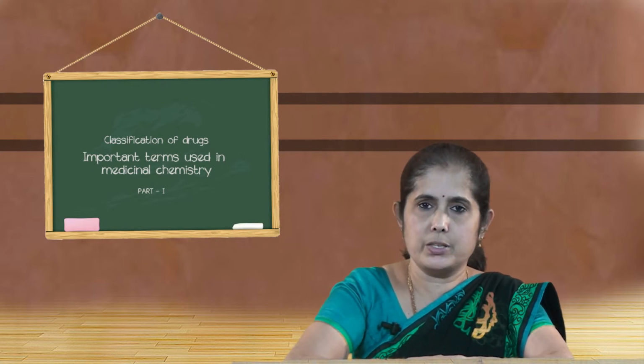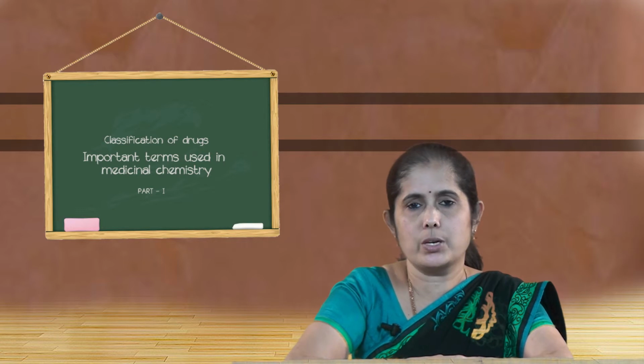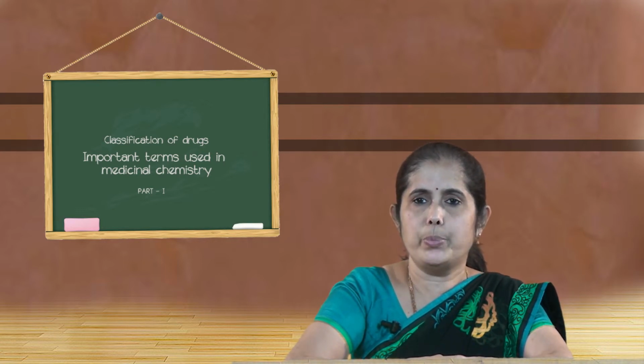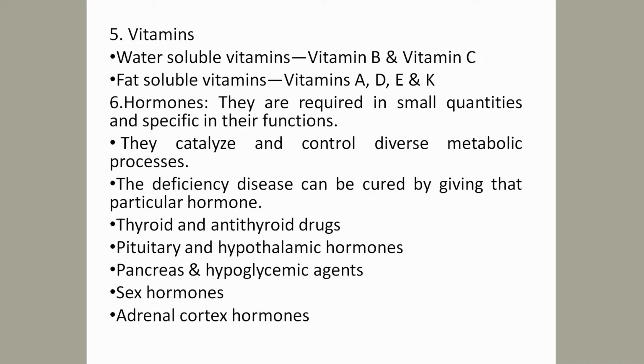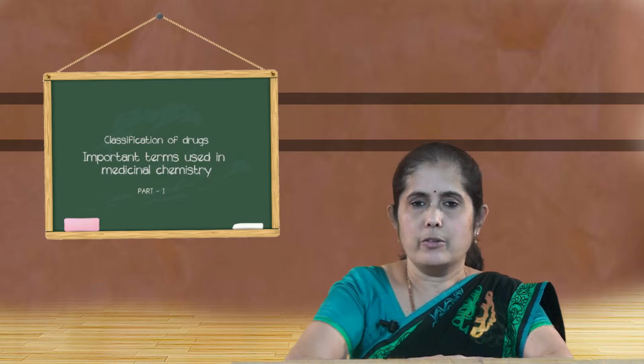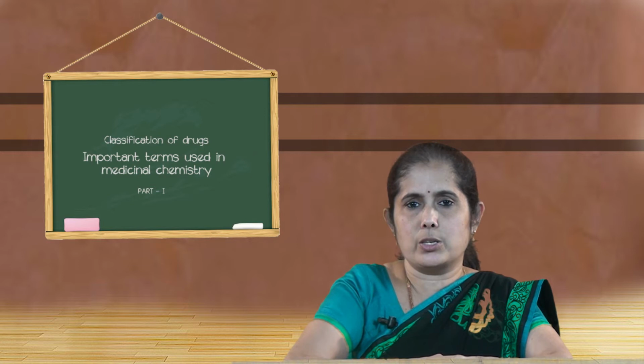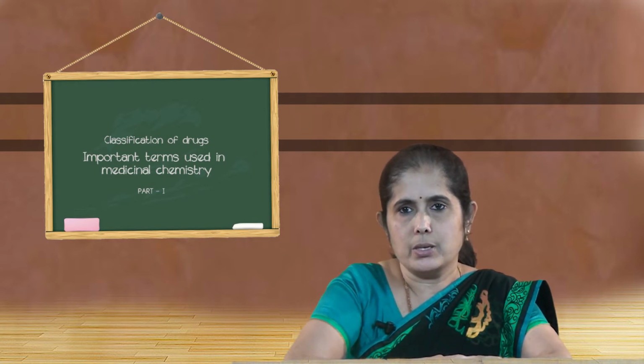In the vitamins class, there are two types of vitamins, water soluble vitamins and water insoluble vitamins. Vitamin B and vitamin C come under water soluble vitamins, whereas vitamins A, D, E, K come under fat soluble vitamins. Fat soluble vitamins means they are soluble in lipids.